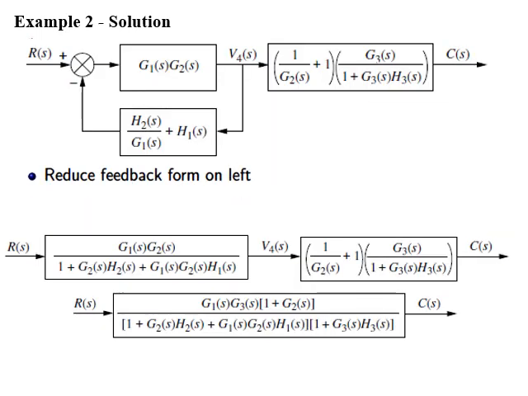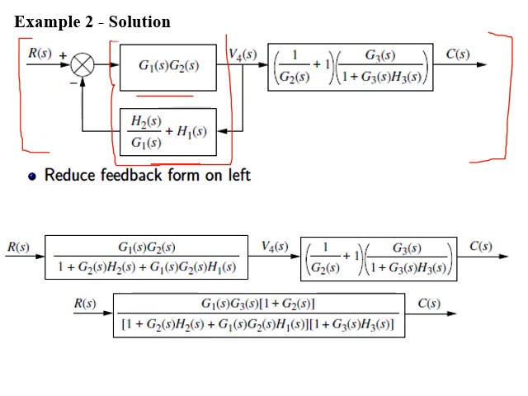Dear students, after applying parallel form and series form, we have the reduced system in the first figure of the slide. In this system, you can see that a feedback form occurs at the left. Now applying feedback form at the left, we get our system in series with the system at the right side.